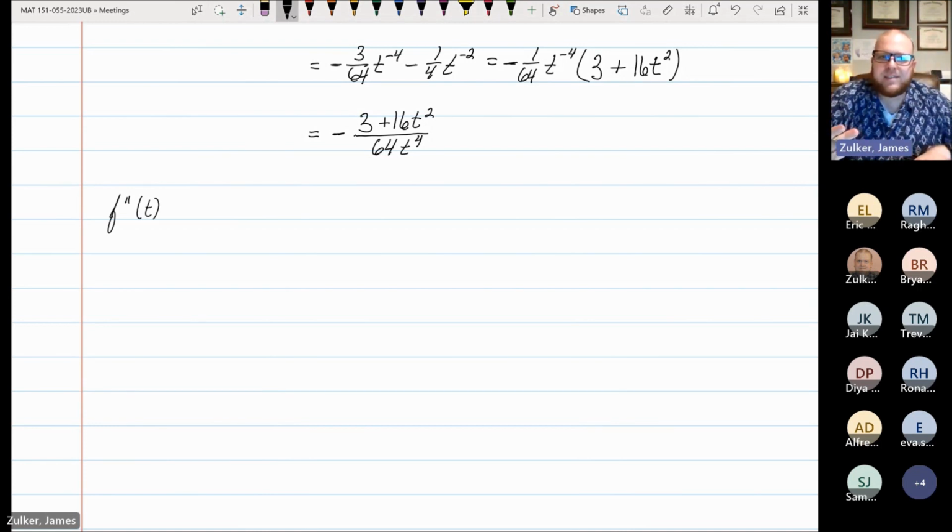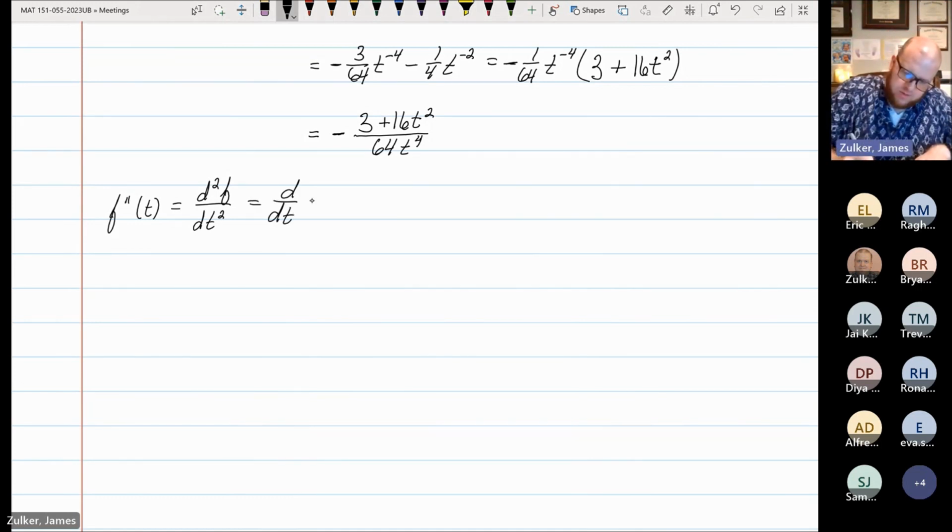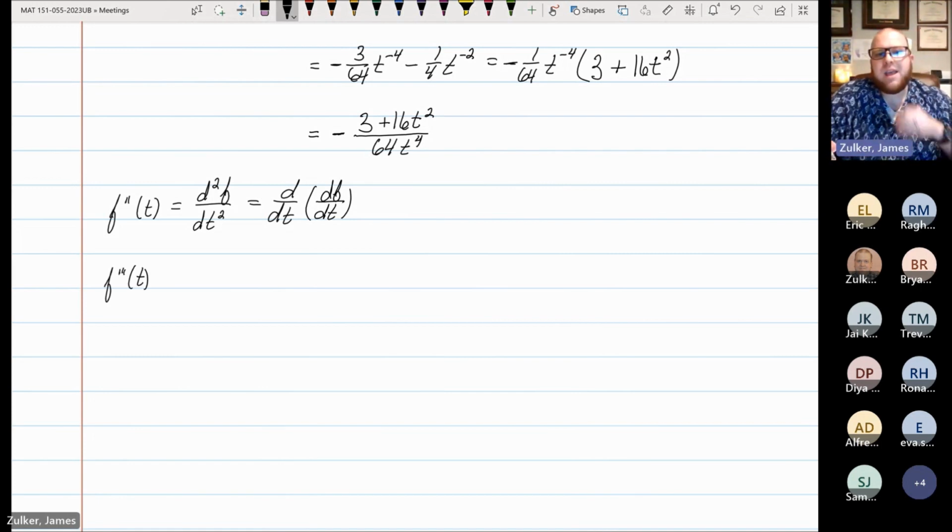So f double prime of t is called the second derivative. Why am I using t? I have no idea. And the second derivative is just the derivative of the derivative. Right. Then we have the third derivative, f triple prime.